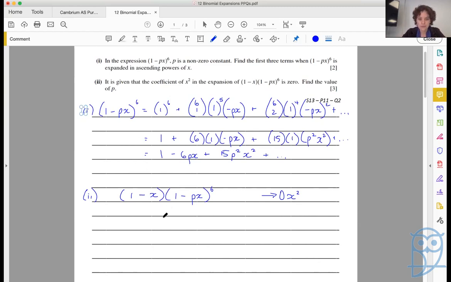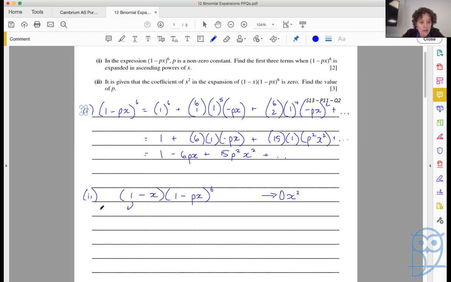Okay, so let's ignore our expansion for a little while. Let's say we were going to multiply 1 by each of the terms in that full expansion, without having the full expansion. The only way that we can get an x squared term is to multiply 1 by the x squared term.